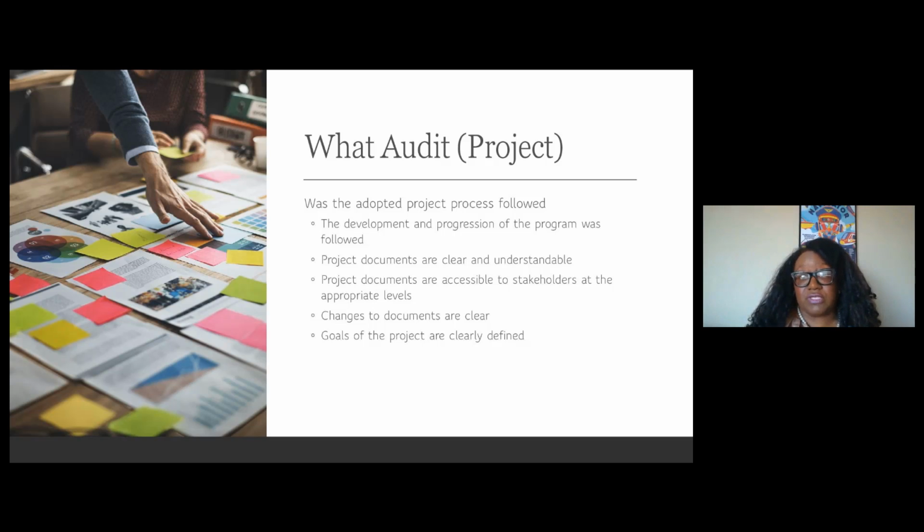We make sure that these documents are accessible to our various stakeholders at an appropriate level. So if your board members or your superintendent needs to pull these documents for some reason, everyone knows where to go and get the information they need at their level. And then changes to documents are clear. Again, we talked about changing documents, ensuring versions. And then we have goals of the project are clearly defined, right?